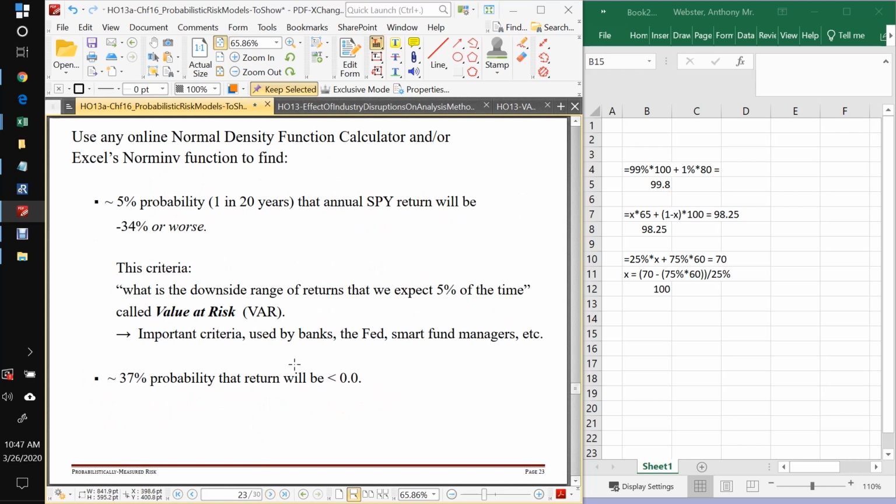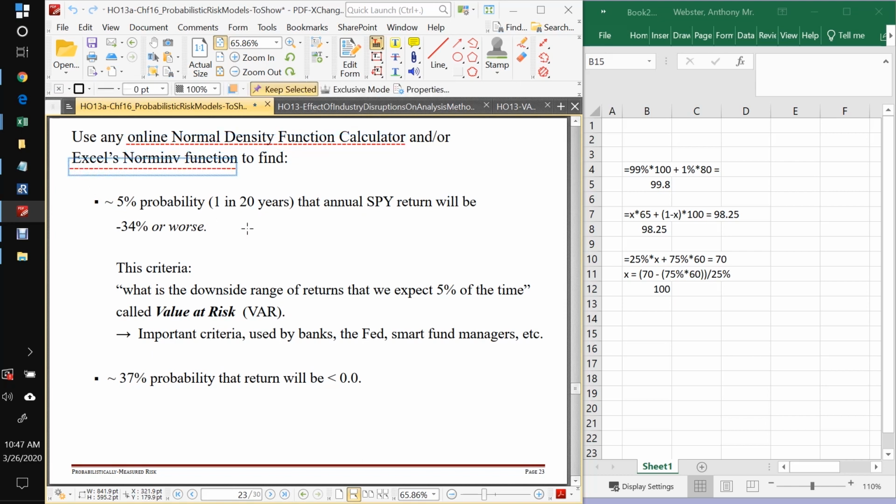So we can also find more information on probabilities for our returns of something like the S&P 500 by using any old online normal density function calculator, or we could also use Excel's norm inverse function.